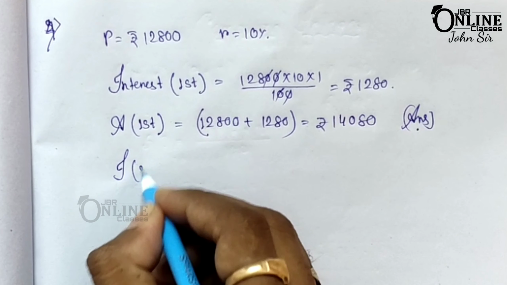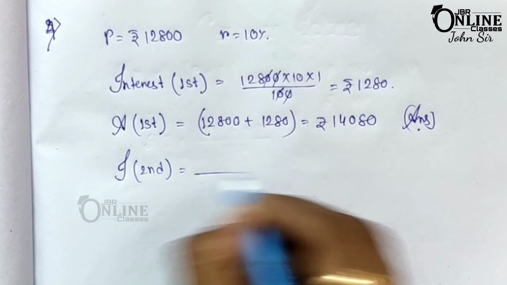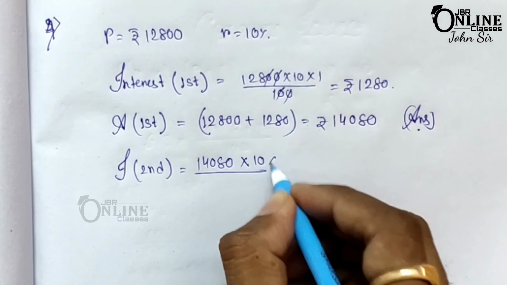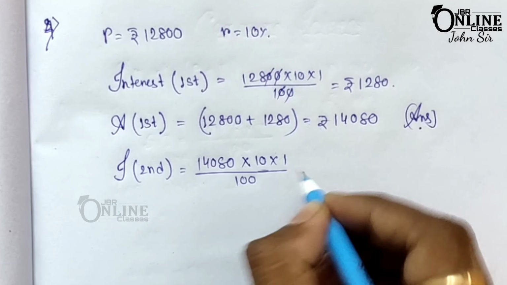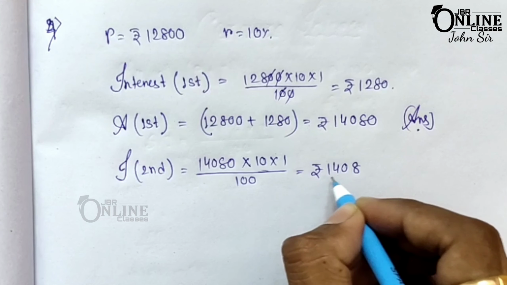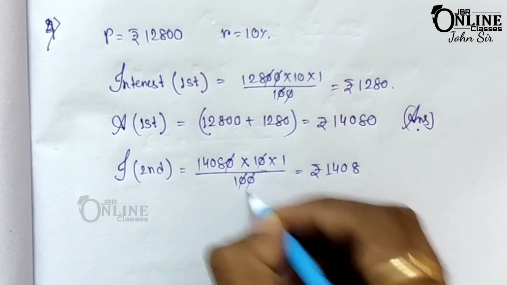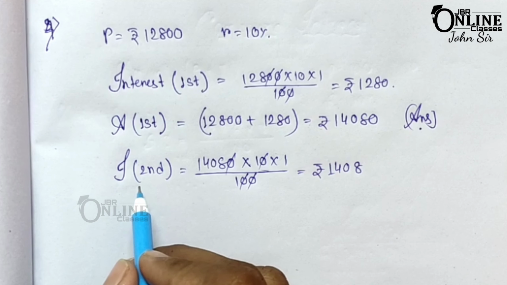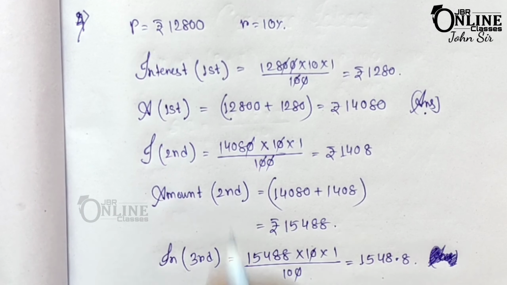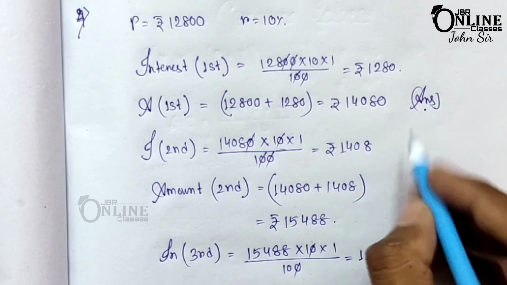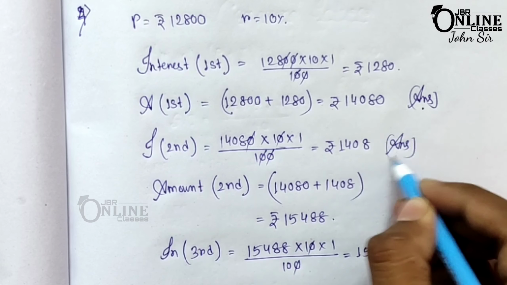So here the interest for the second year will be 14080 as principal into rate into time by 100, that equals rupees 1408. So 1408 is the interest for the second year. That is the second answer.